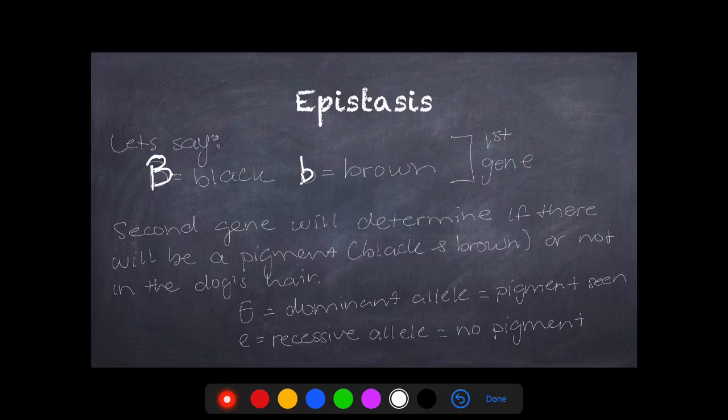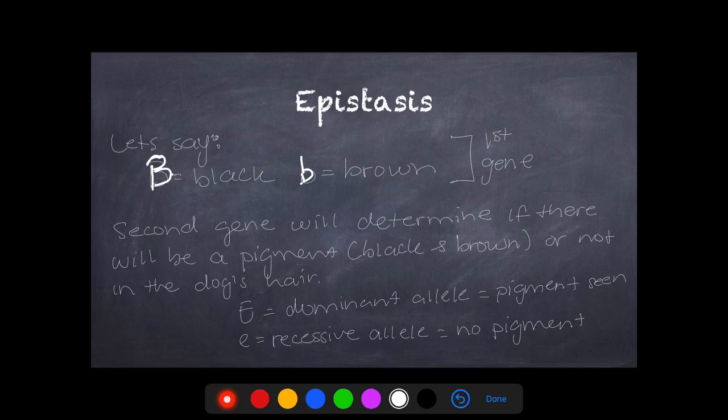So my first gene on my locus, on my chromosome, is going to tell me whether the fur on the puppy is going to be black or brown. Black is more dominant than brown, okay?